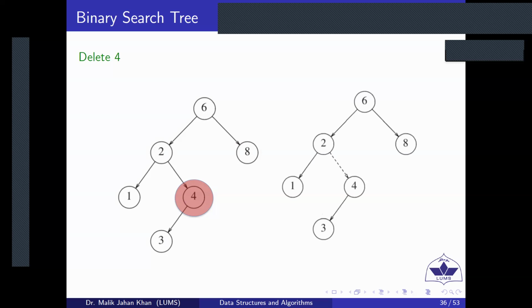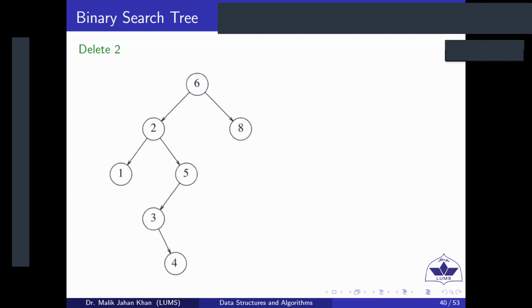So we locate 3, and 3 replaces 4. So 3 becomes the right child of 2, and 4 goes away. That's what it meant by removing 4.